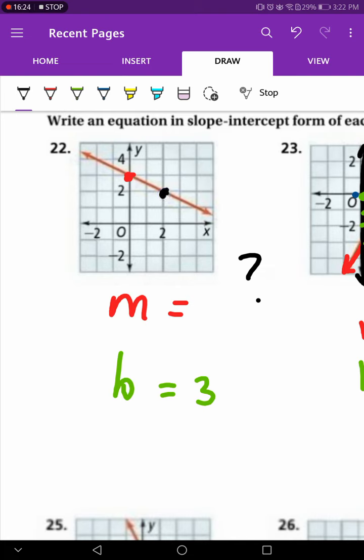To find the slope, you have to select 2 points from the graph, and the 2 points must lie on the straight line. And the 2 points also must be nice points. A nice point, I mean, like the black one here.